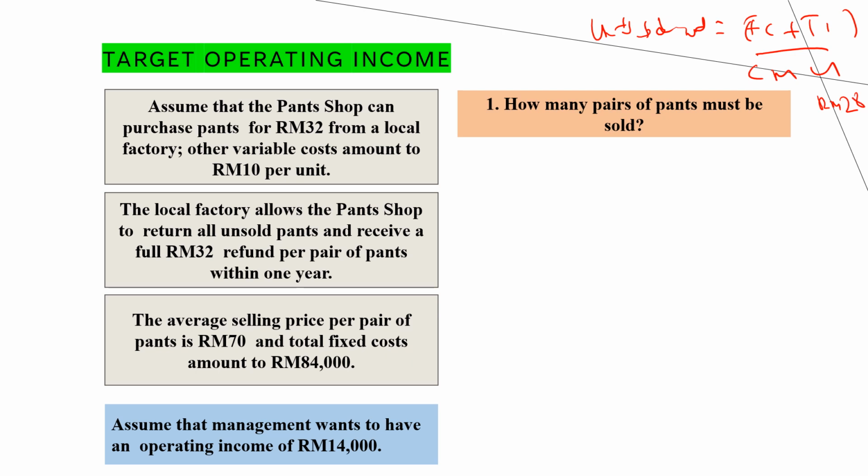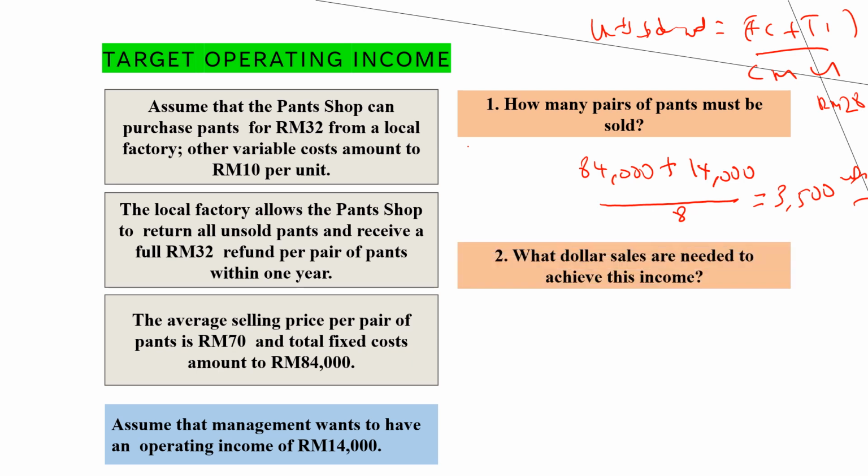So now, in order for you to get how much you need to sell, you put in all these figures: 84,000 plus 14,000, and then you divide by the contribution margin per unit, 28, which equals 3,500 units. So this is your answer.